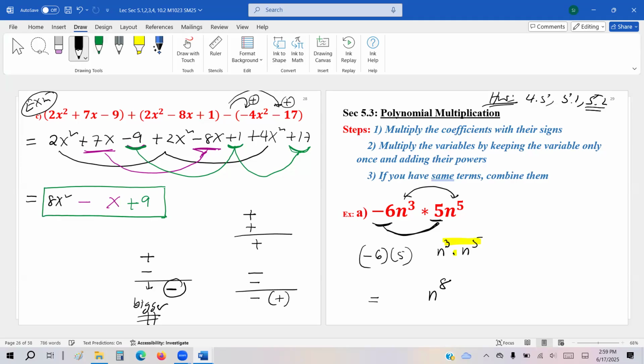And -6 times 5 is -30. Previously we added the coefficients but left the power alone. Now we cannot do that. We need to multiply the coefficients and also add the powers. It is multiplication, exponent rules, the power rule.